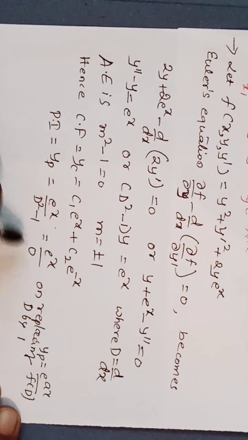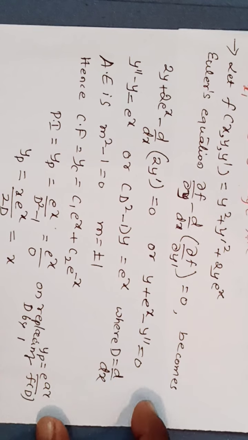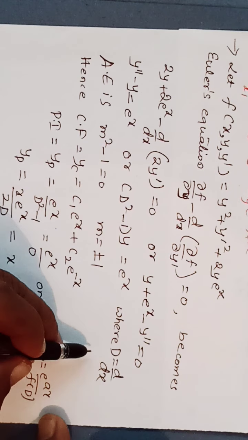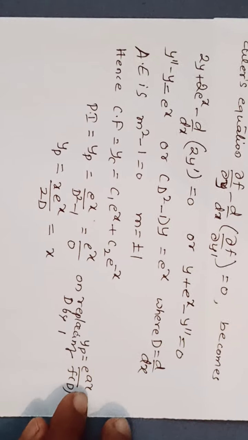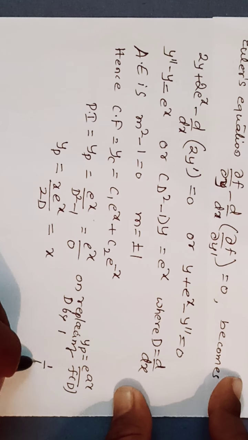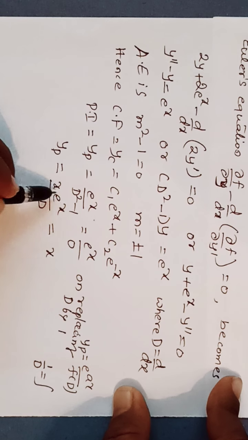Whenever it is 0 in the denominator, y of p is equals to x into e raised to x, and differentiating this term, 2d, and again x into, so here you know d is equals to d by dx, that means 1 by d is equals to integral, that means we have to integrate this term.